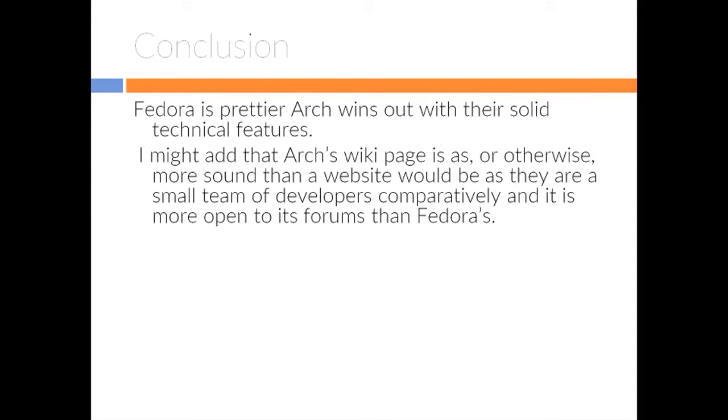I might add that Arch's wiki page is otherwise more sound than a website would be, given that they are a small team of developers comparatively to something like Fedora, which is run by a corporation.